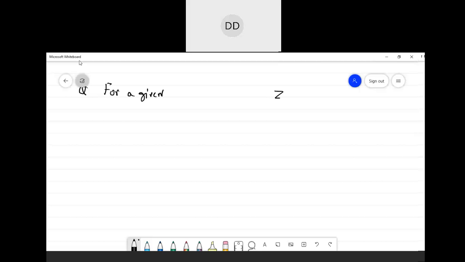You have this formula: Z base, you remember, is kV square divided by MVA. Sometimes you have this also: kV square into 1000 by KVA. Some books write this also.